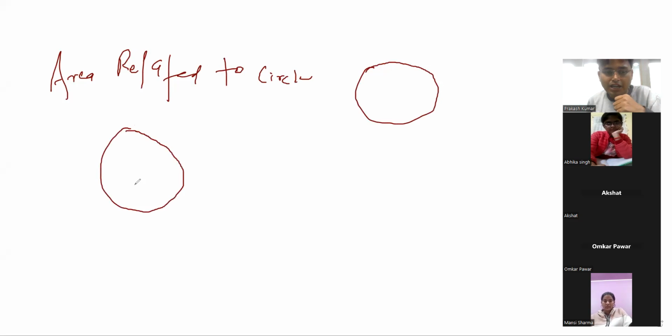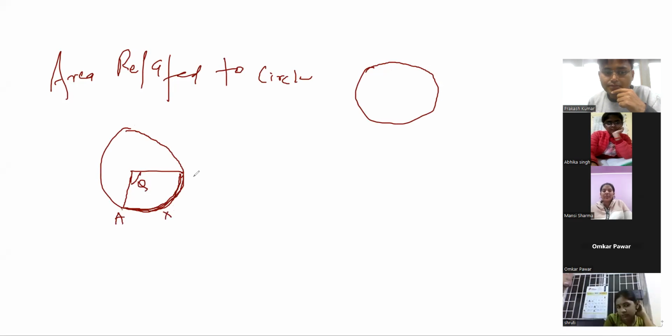One is the length of an arc. Suppose here is the center of the circle. If the angle is theta, then the length will be theta by 360 into 2 pi r, because this arc is actually part of the perimeter.